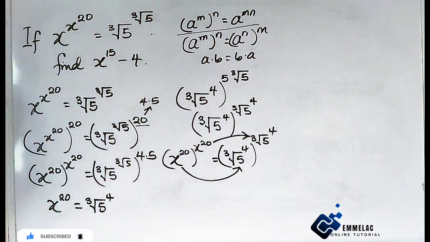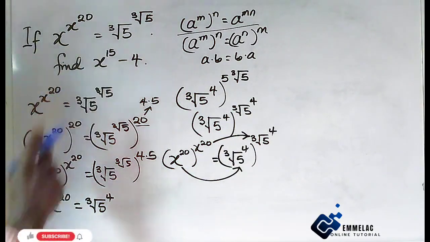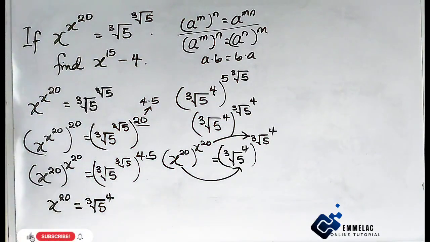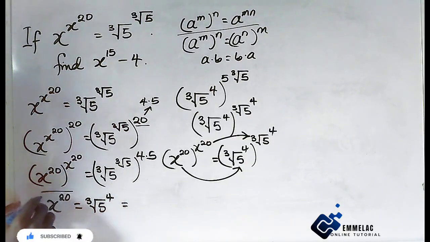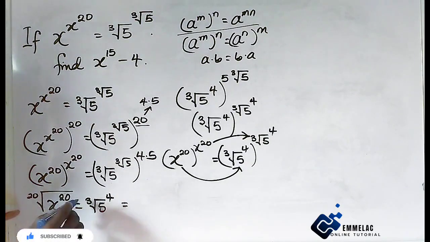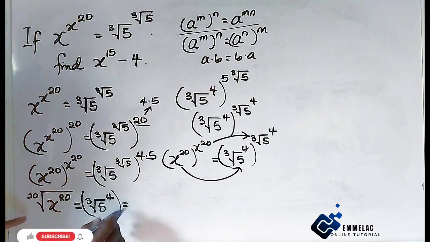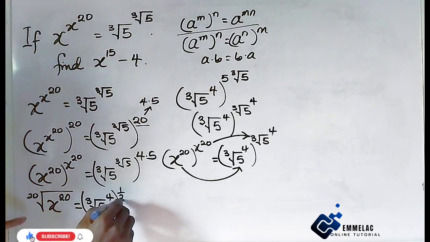At this point, take note, we are looking for x raised to the power of 15. We can still reduce that to x, which implies that we find the 20th root, which is raising to the power of 1 over 20.